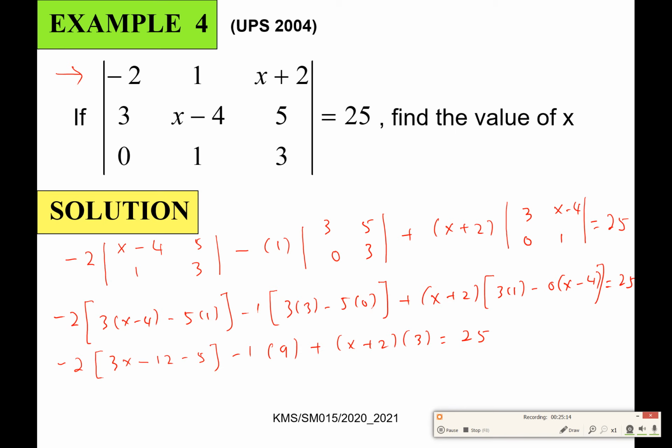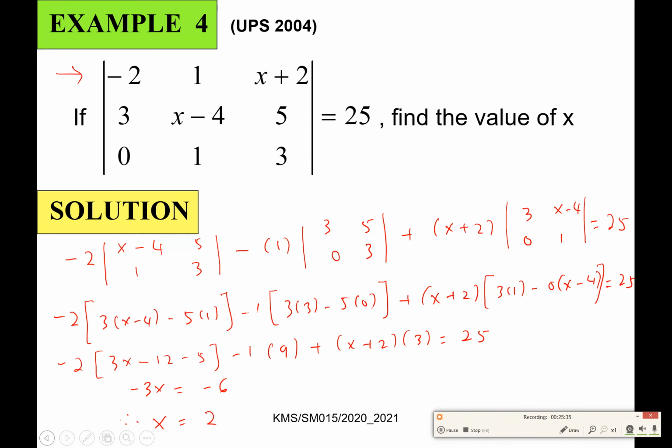So negative 3x equal to negative 6. So your x here is 2.